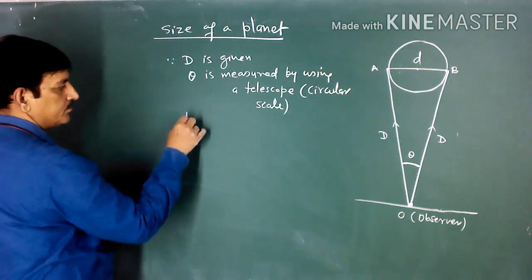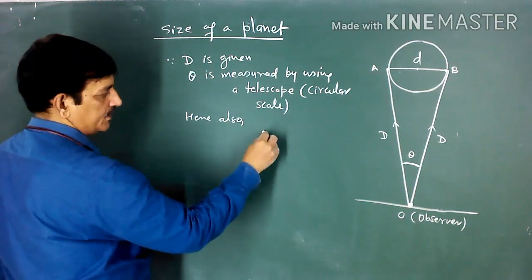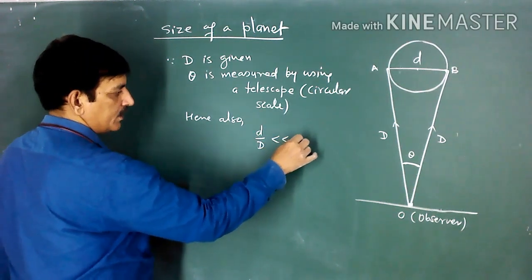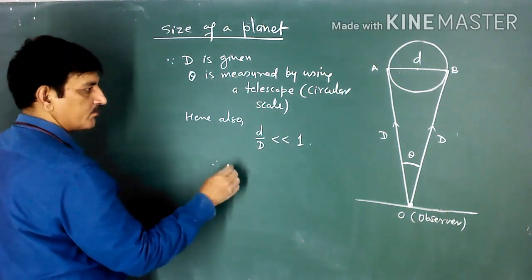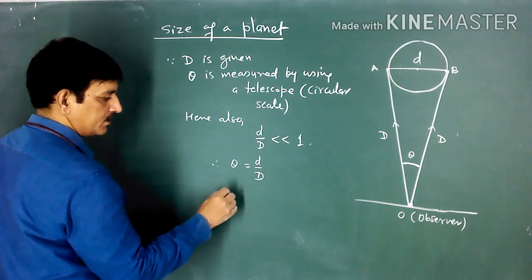So here also we can see that the value of d by D is very, very less than 1. Therefore, we can apply the formula theta is equal to d by capital D.